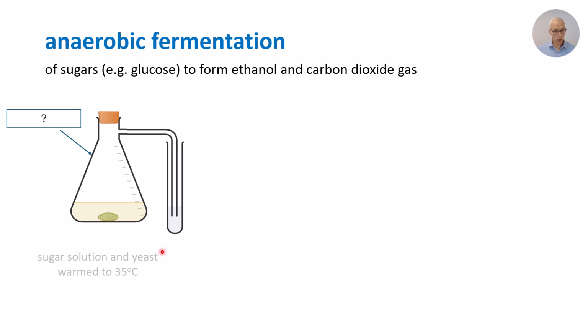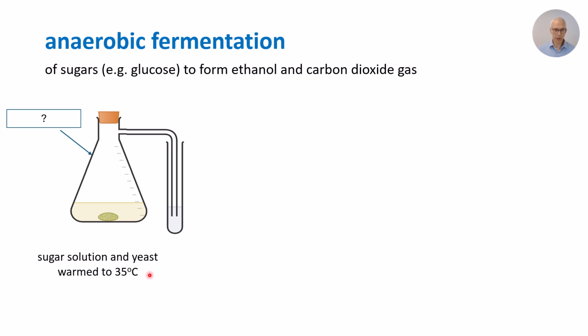Okay, you need to recall that we have sugar solution and yeast. So this is my representation of the yeast. And we need a temperature of around about 35 degrees Celsius. Not higher. If it's too high, 40 or above, the enzymes in yeast are less effective.